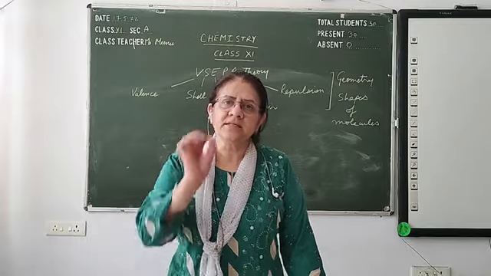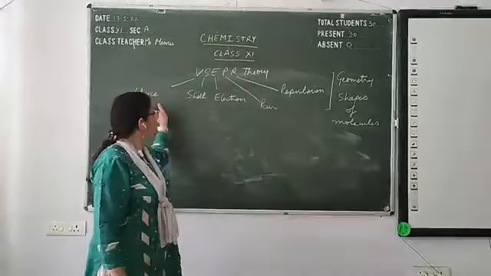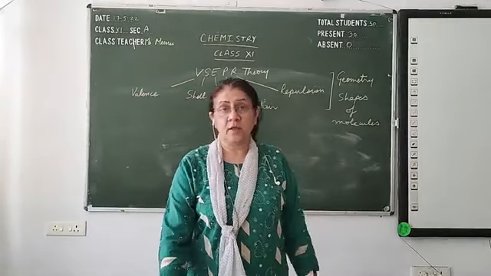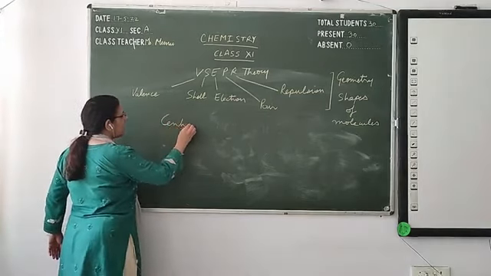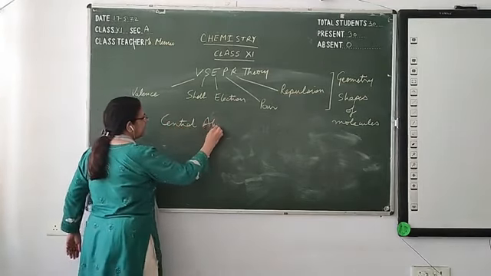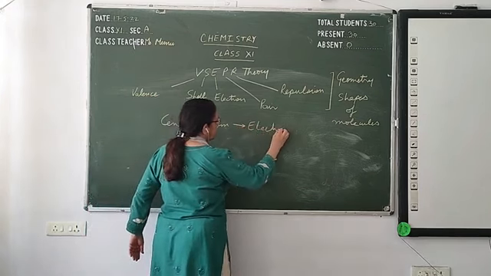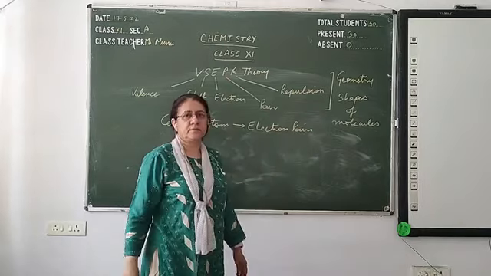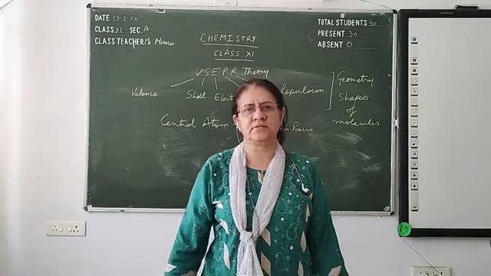Now, let us understand the basic points of valence shell electron pair repulsion theory. We have to remember that the central atom is surrounded by electron pairs.